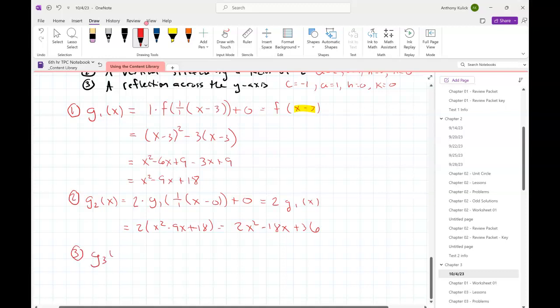Then our last step, G3, is going to be applied to the previous function, which was G2. So in G3, A is 1, C is negative 1, H is 0, and K is 0.